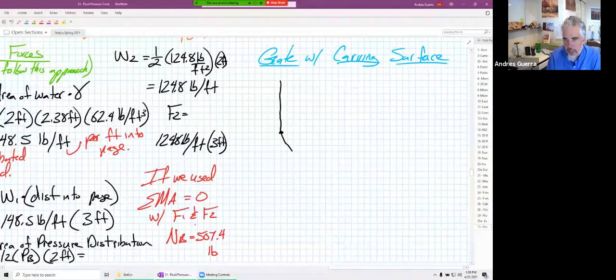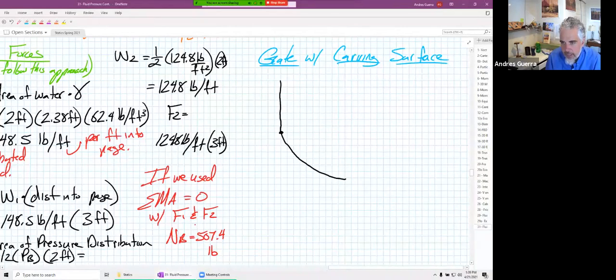Let's say we have a gate that curves down like that, and it comes in contact again with a frictionless, smooth contact down here. We can think about point A here as being a pin, just like our first one. And let's put our phreatic surface all the way up here.